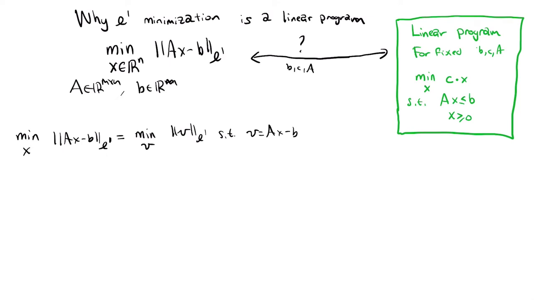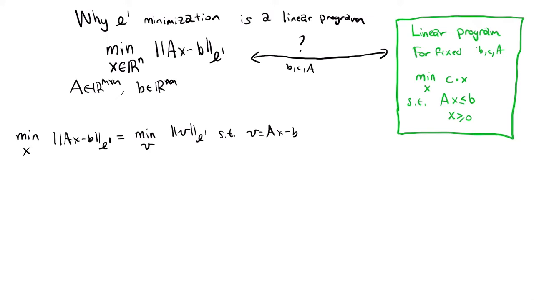That's just direct substitution, right? It's substituting v equals Ax minus b, and then putting it in a constraint equation. So it's slightly different, but clearly the same. Clearly they give you the same answer, right?